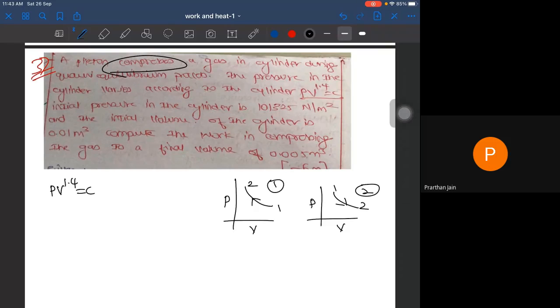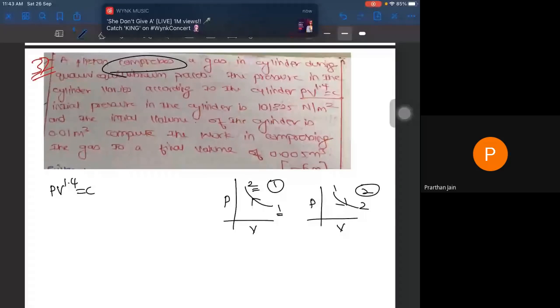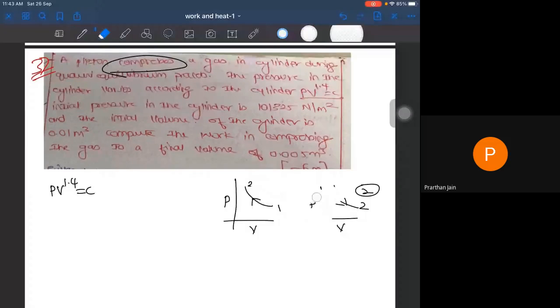The first one, because in a compression process, your pressure has to increase. So your state 1 would be here and state 2 would be here. That is why I have to take the compression process to be this particular thing here. Okay, fine. Let me keep this aside.